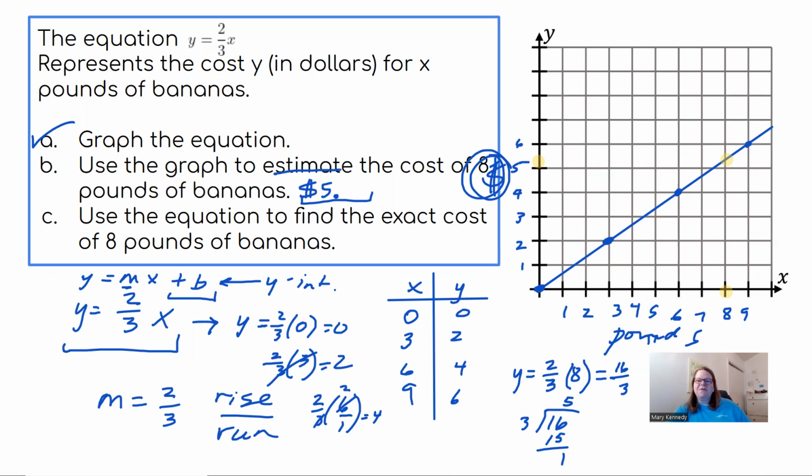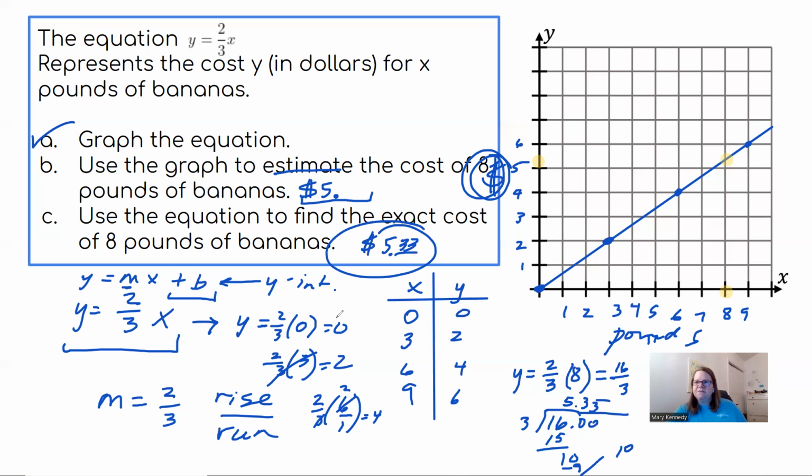And with 1 left over. 3 goes into 10 3 times with 1 left over, and so it'll be repeating, right? So $5 and about 33 cents is our exact cost there for 8 pounds.